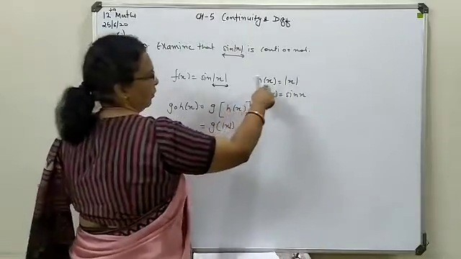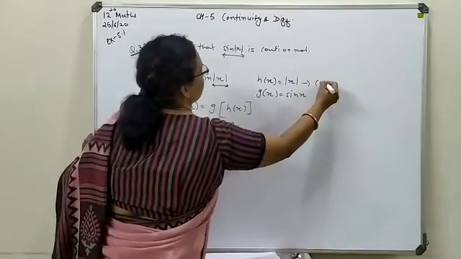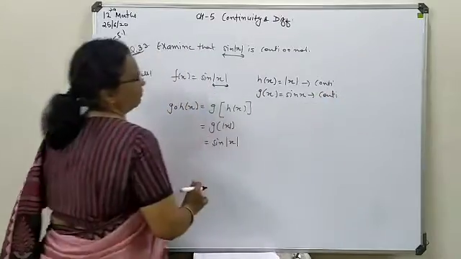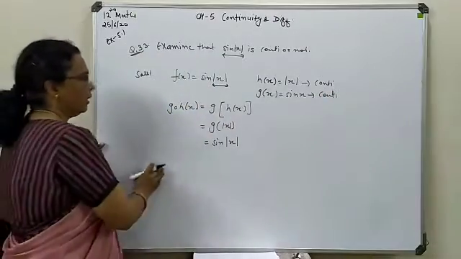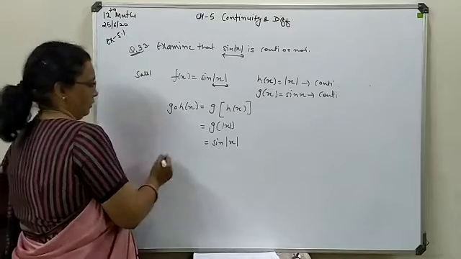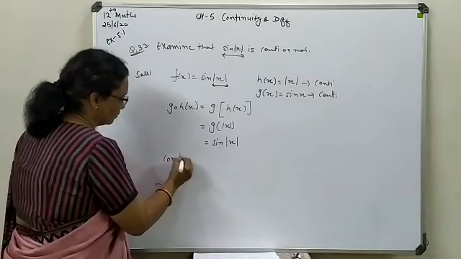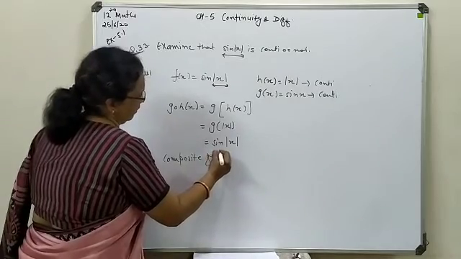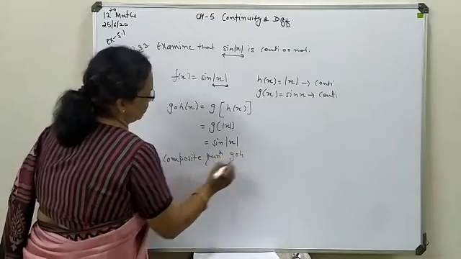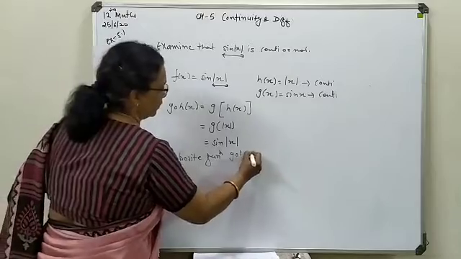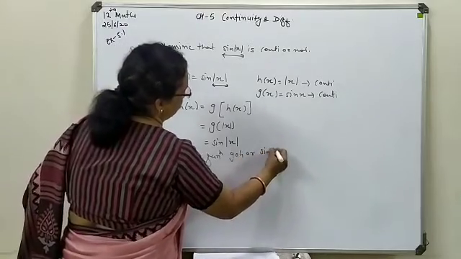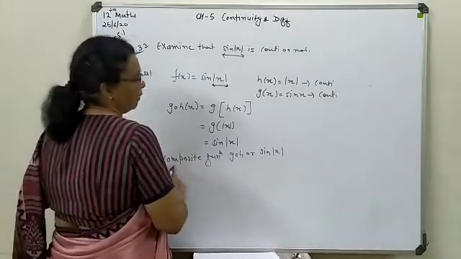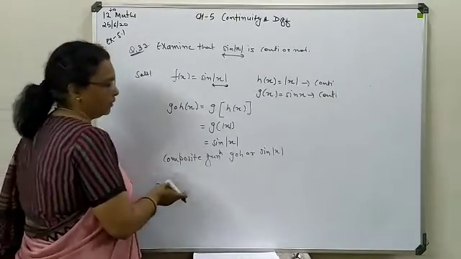As this is a modulus function, it is a continuous one. As this is a trigonometric function, it is a continuous one. So the composite function, that is g composition h, or sine of modulus of x, will also be considered a continuous function.